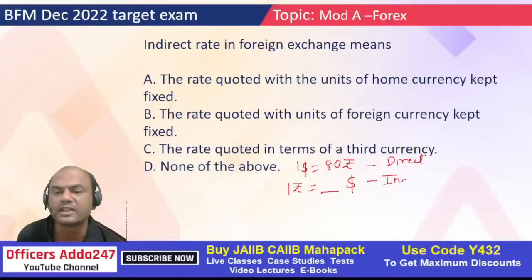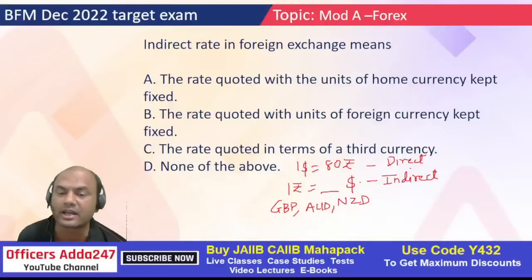In which currencies is the indirect rate given? It's generally not given for rupees. It's generally given for GBP, then AUD, Australian dollars, then New Zealand dollars, NZD. These are the three main currencies where this indirect rate is given.